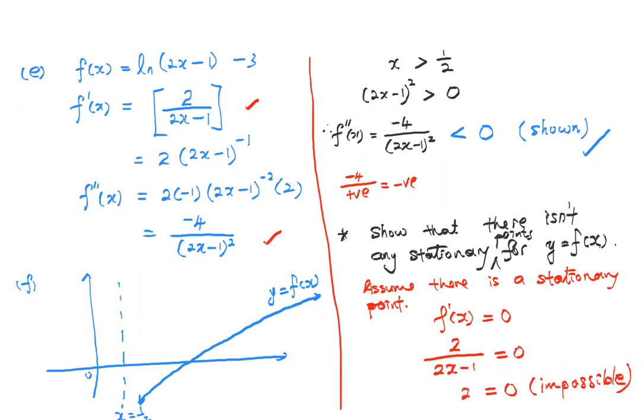So that means this function is, we call it, monotonic. Mono means it changes in one direction only. This is concave down. Concave down has three possible shapes.